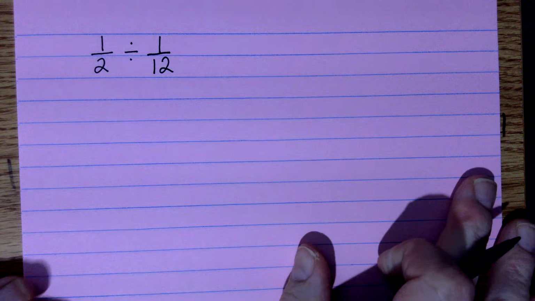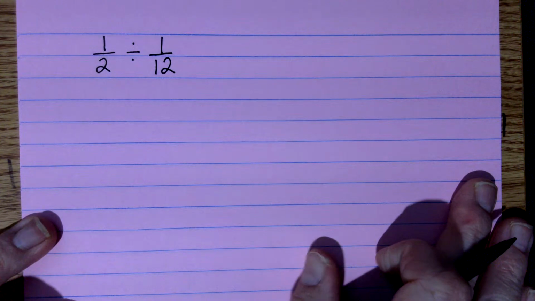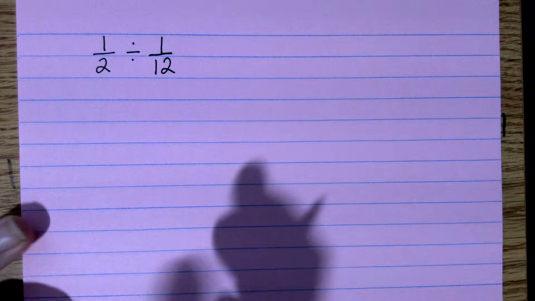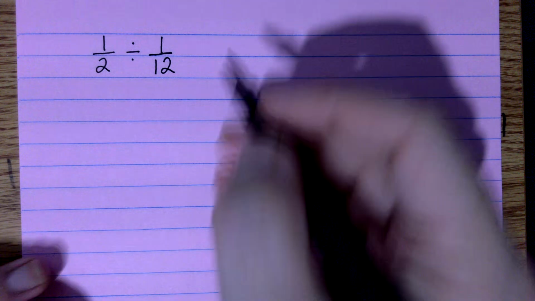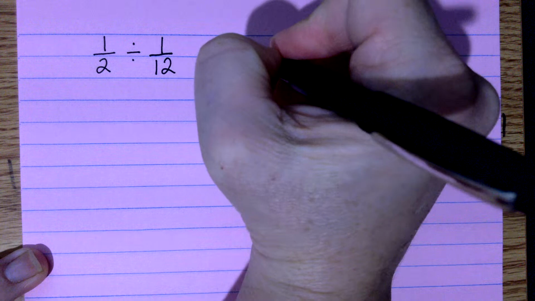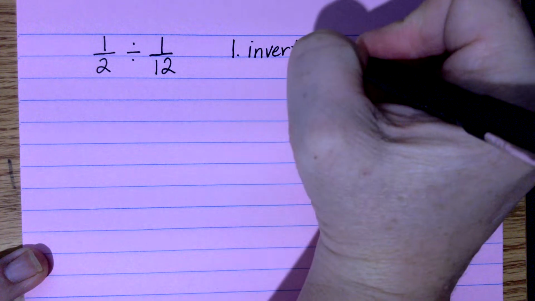So let's say I have 1/2 and I want to divide it by 1/12. There are some easy steps to follow to do this division problem. I actually think this is one step in itself, so you will hear me call it invert and multiply.